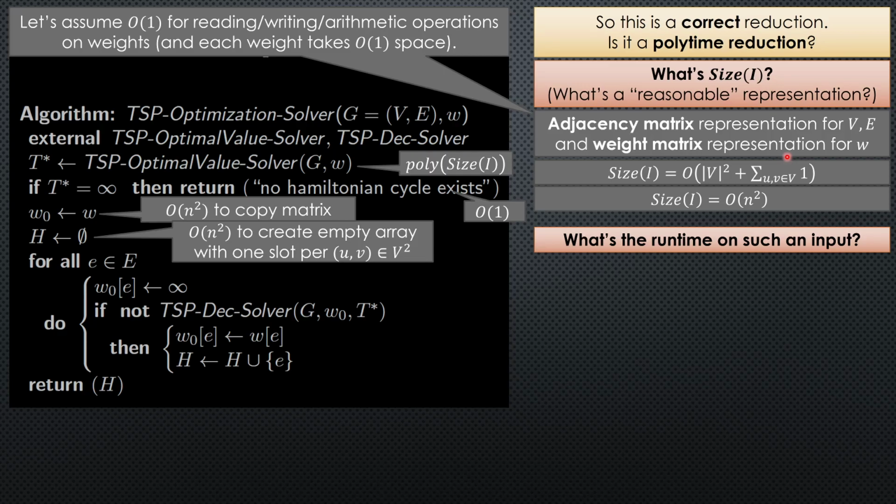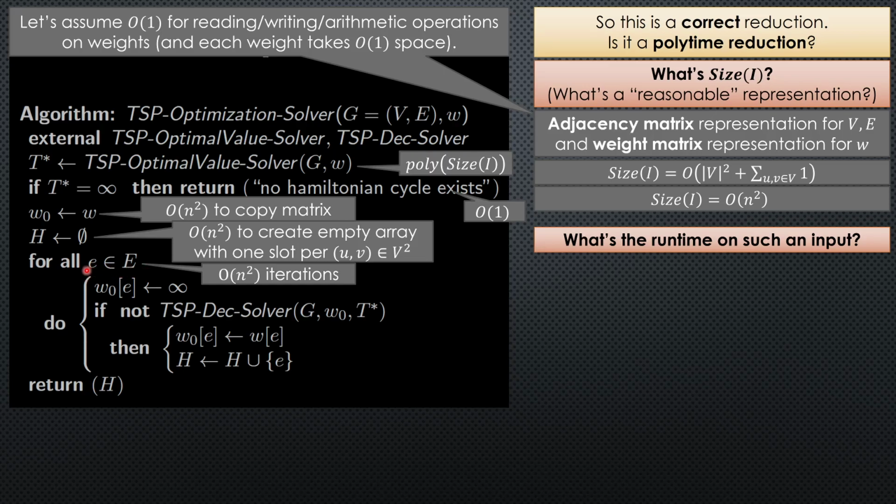So we use a matrix of booleans where the edge is in H. It's an adjacency matrix of bits, one bit per edge, where an edge from u to v is present if H of uv is 1, okay? So we'll just pick that simple adjacency matrix representation for H, so it'll take order n squared time to create and initialize that matrix. And then we're going to iterate over all the edges here. How many iterations? Well, let's just do a dumb iteration scheme where we don't try to be precise and do order m iterations.